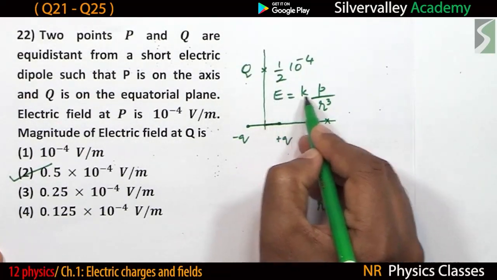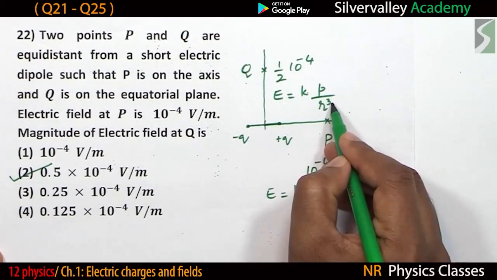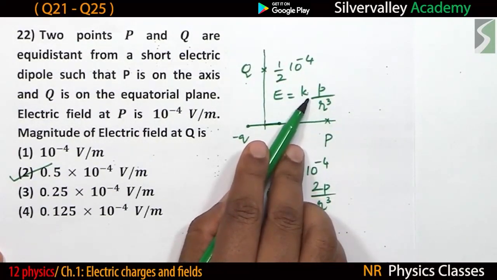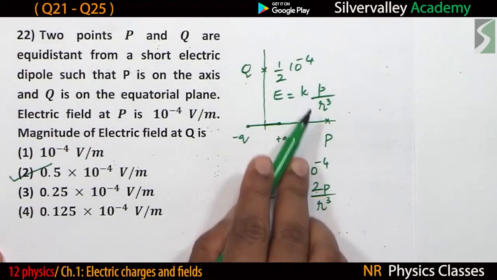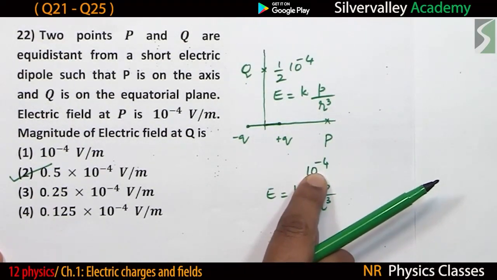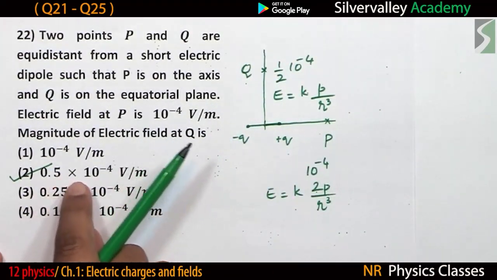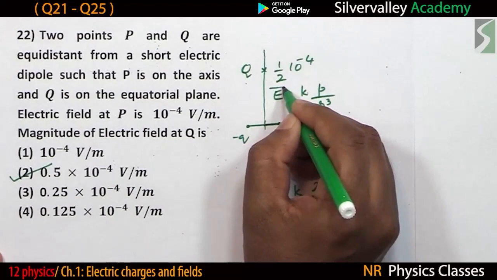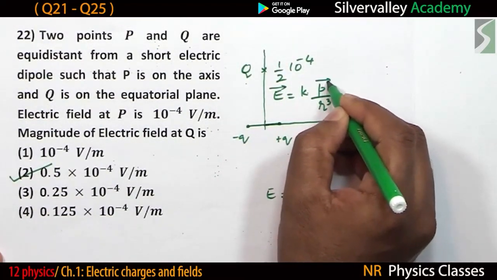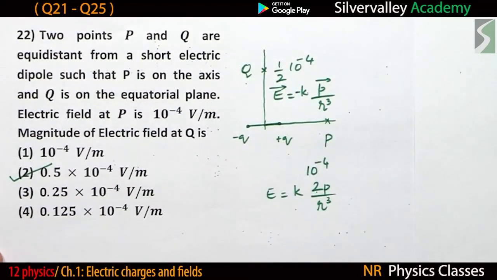Magnitude of electric field is constant times p by r cube. See, this is half of this, the factor 2 is missing. Therefore half of 10 power minus 4 is 0.5 times 10 power minus 4. If I write the vector sign, then there should be a vector and a minus sign.